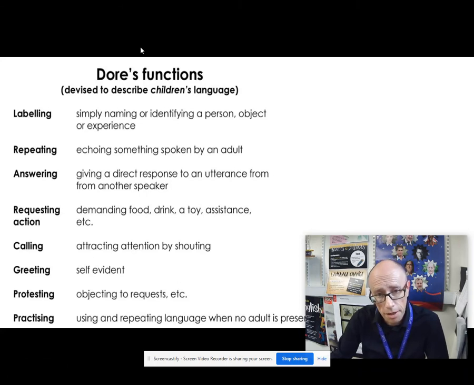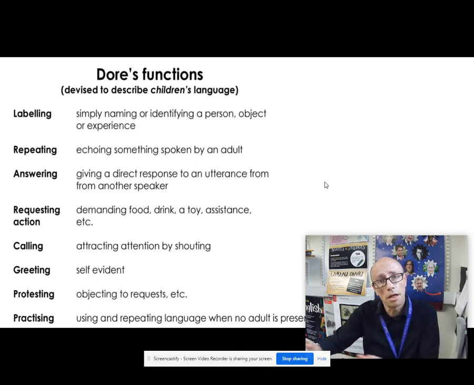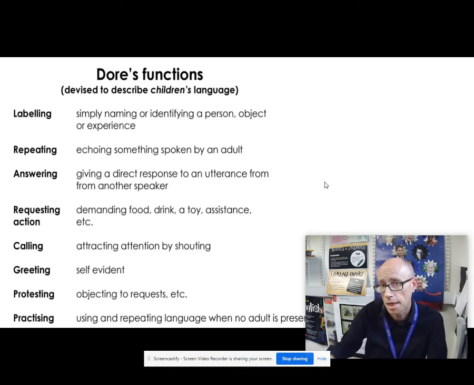And then finally, the last one of Dore's functions is practicing, so using and repeating language when no adult is present. Now that's an interesting one, isn't it? It's like you close the bedroom door and sneak downstairs and you hear your child still talking away, yabbering away.